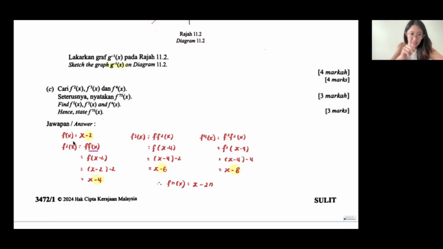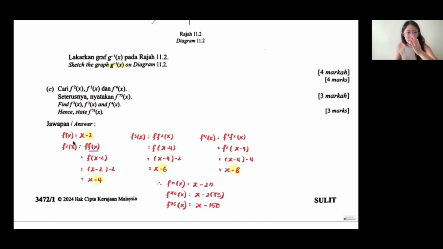So 2 times 1, negative 2. 2 times 2, negative 4. Negative 6 and negative 8, and so on. But when we have power 75, meaning n becomes 75, your answer will be x minus 150 for f75.